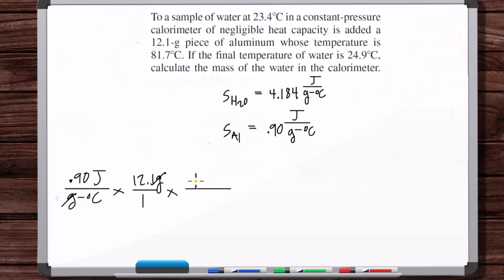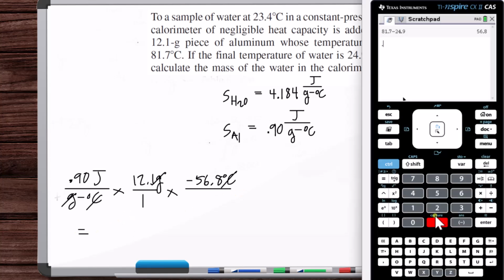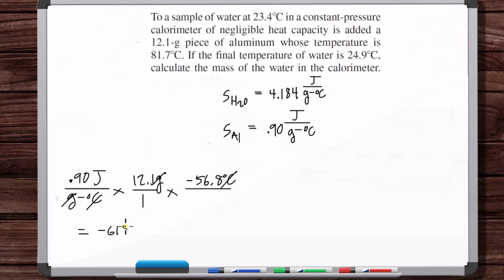This is negative. So you got 0.9 times 12.1 times negative 56.8, which is minus 618.6. That's how much heat leaves the aluminum in this process.